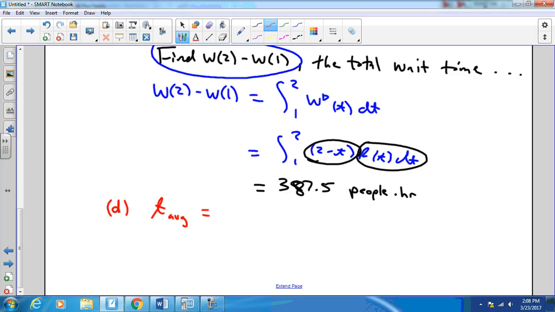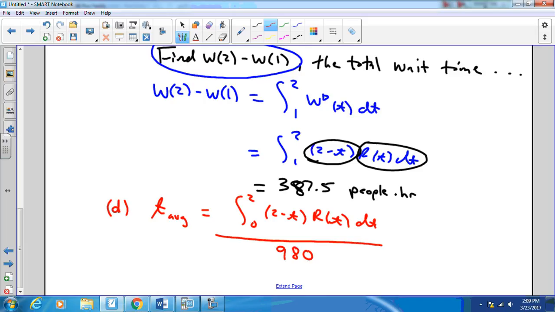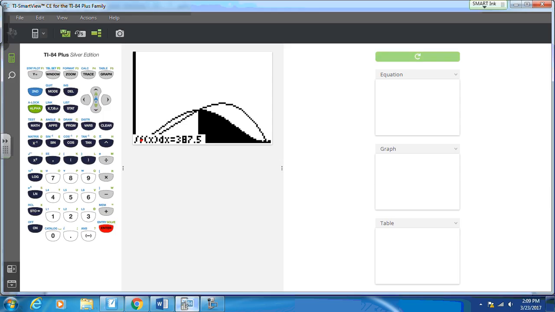And so I can say that the average wait time, T average, is going to be equal to the total wait time, that is the integral from 0 to 2 of W prime, divided by the total number of people, which I already computed from the previous problem as 980.